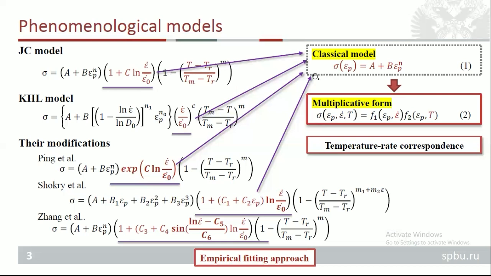And furthermore, many other models are proposed based on this general multiplicative form shown in expression 2, where you can find two different multipliers, depending on the strain rate and temperature separately, which also aligns with the temperature-rate correspondence, which states that the stress obtained by increasing the strain rate can also be achieved by lowering the temperature. So this is the empirical fitting approach to study the coupled rate-temperature effects.